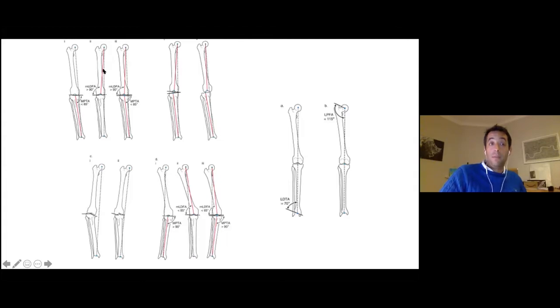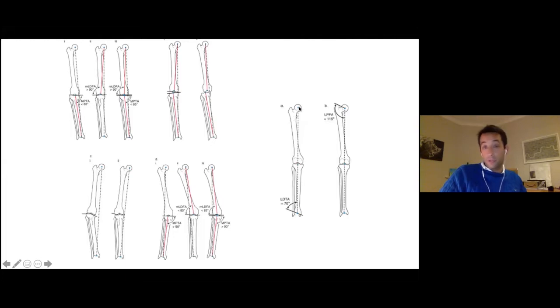Similarly, same malalignment test here, but we've now got an abnormality because our lateral distal femoral angle is increased. So we've got distal femoral varus leading to the same net result as medial proximal tibial varus. And you could indeed have a combined deformity, leading to an even greater deformity.